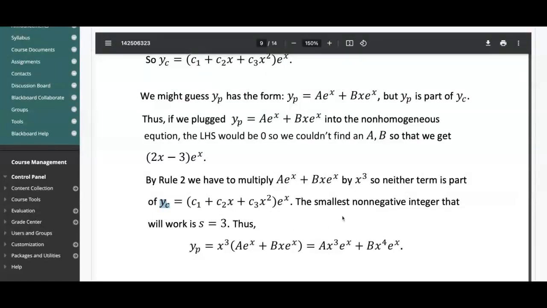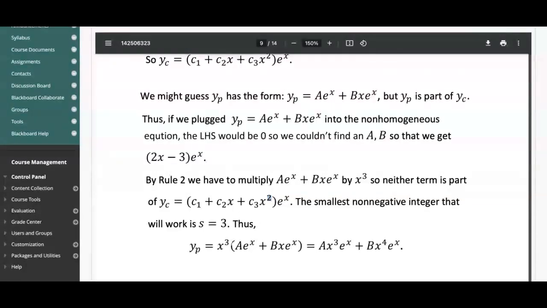The smallest non-negative integer that will work in this case is s equals 3, because we do have x squared in here, and we have x raised to 1. So the smallest one that works is this, and the particular solution won't be part of the complementary solution.